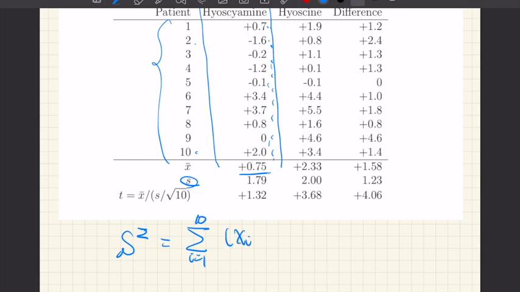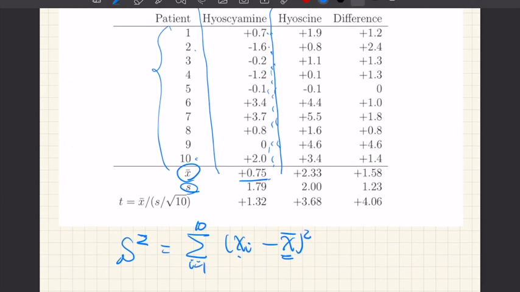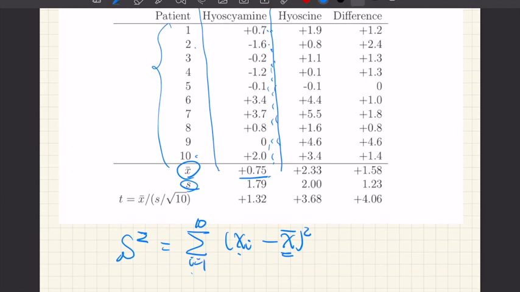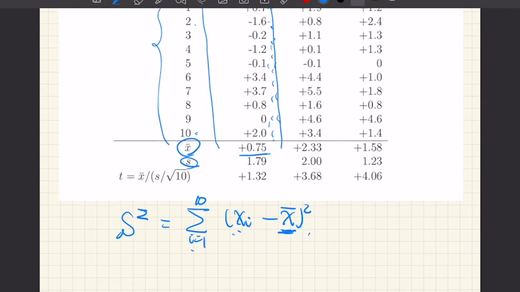Sum of square deviation from the sample mean. Okay, this is the sample mean here, and xi is each of these data. So this is the sum of square deviation from the sample mean. Okay, and there are 10 data points. So small s squared is defined as large s squared divided by n minus 1, which is 9, in this case.